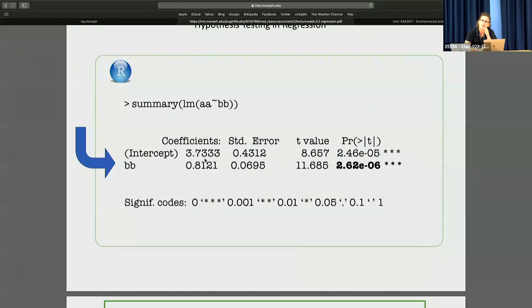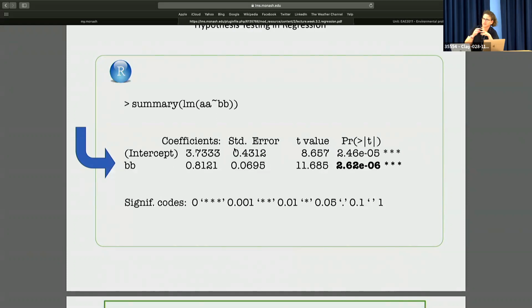These are the coefficients that it came up with. So it means that the plot intercepts the y-axis at 3.70. So when BB is 0, then AA is 3.73.